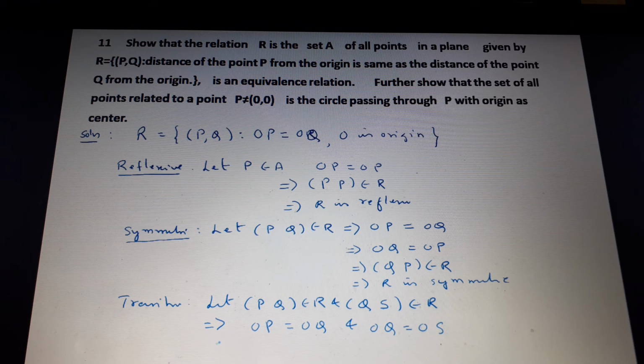So this implies, look here, OP equal to OQ, OQ equal to OS means OP equal to OS. OP equal to OS means PS belongs to R. This implies R is transitive.